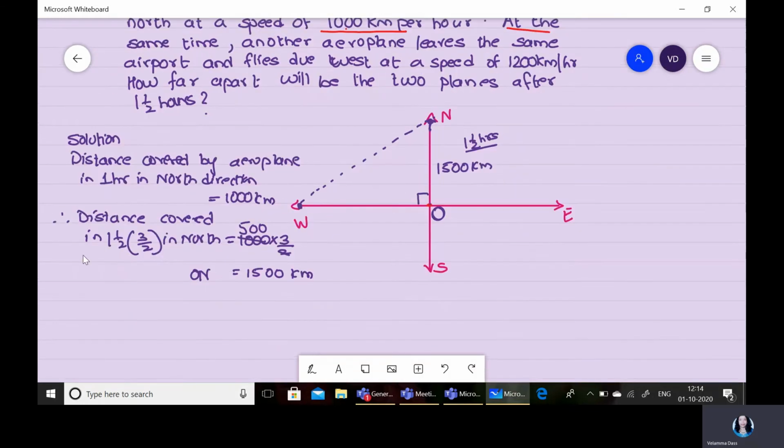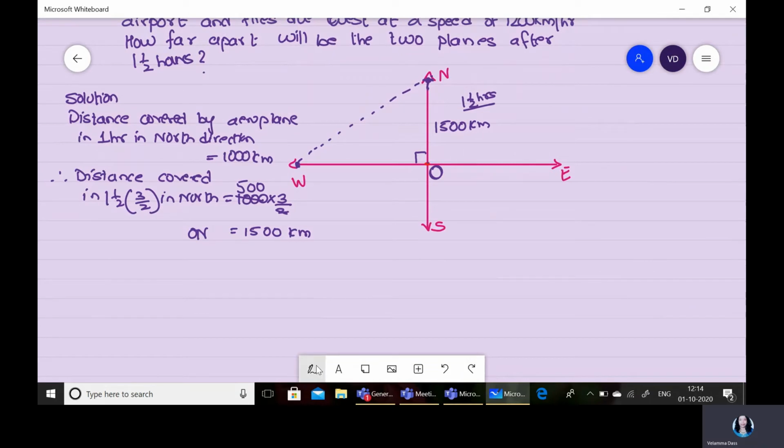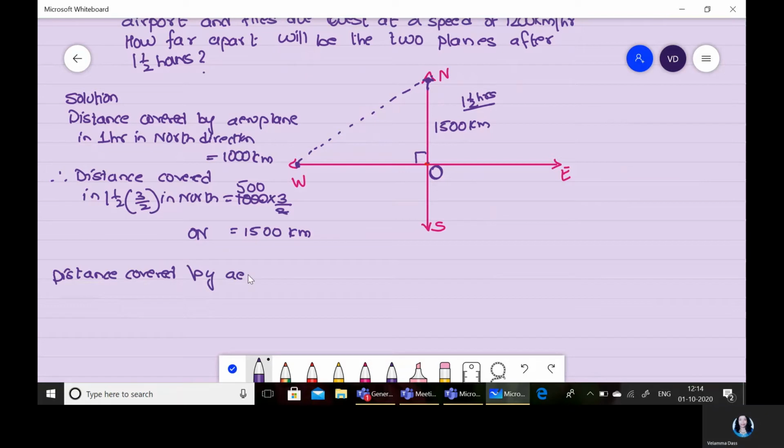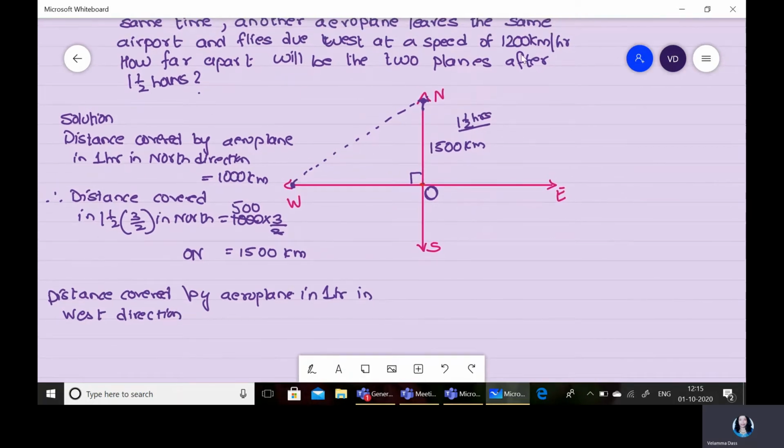Similarly, can we find the distance covered in the west direction? So here we can write: distance which is covered by the aeroplane in 1 hour in the west direction. In the west direction, it is already given that it is 1200 km, as you can see.